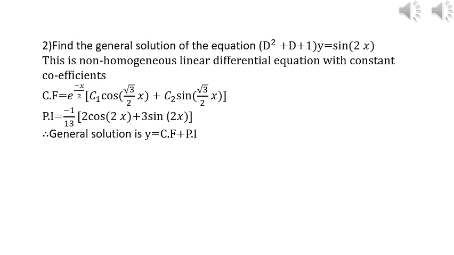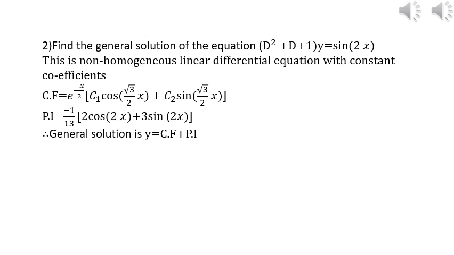Next, we find the particular integral. So take the left hand side D square plus D plus 1 to the right hand side. So what happened? 1 by D square plus D plus 1, numerator sin 2x. Sin 2x is given on the right hand side of the equation.